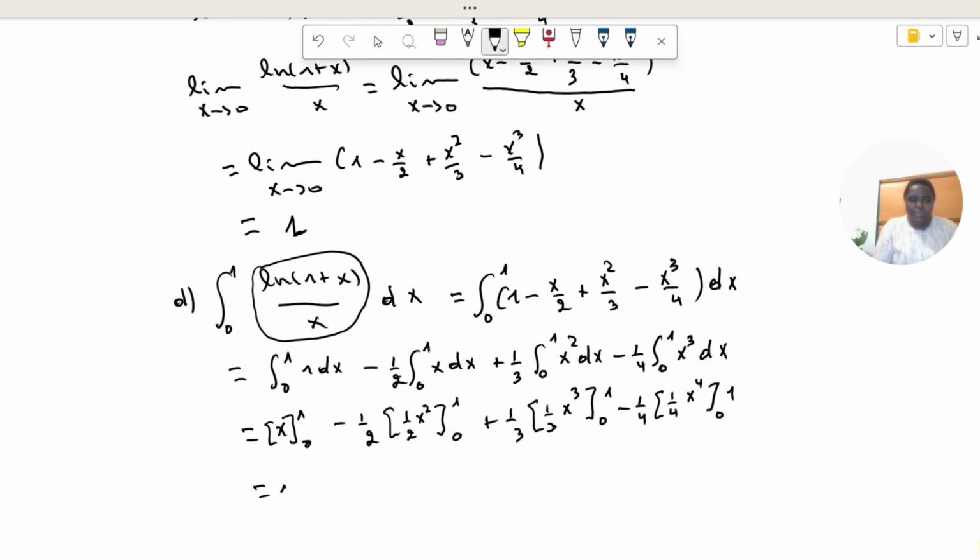This will be equal to 1 minus 0, and minus 1 over 4 times x squared power 1, then plus 1 over 9, and plus 0, of course, and minus 1 over 16 times x power 4, where x is 1.